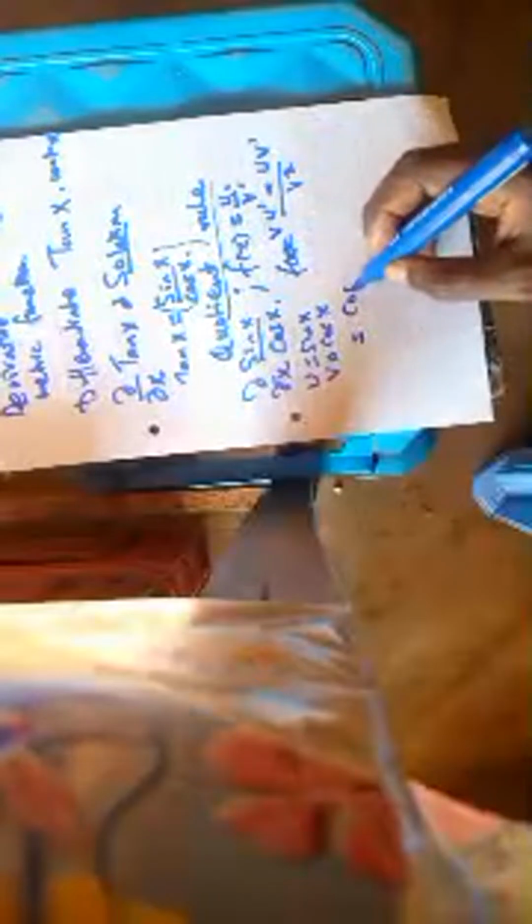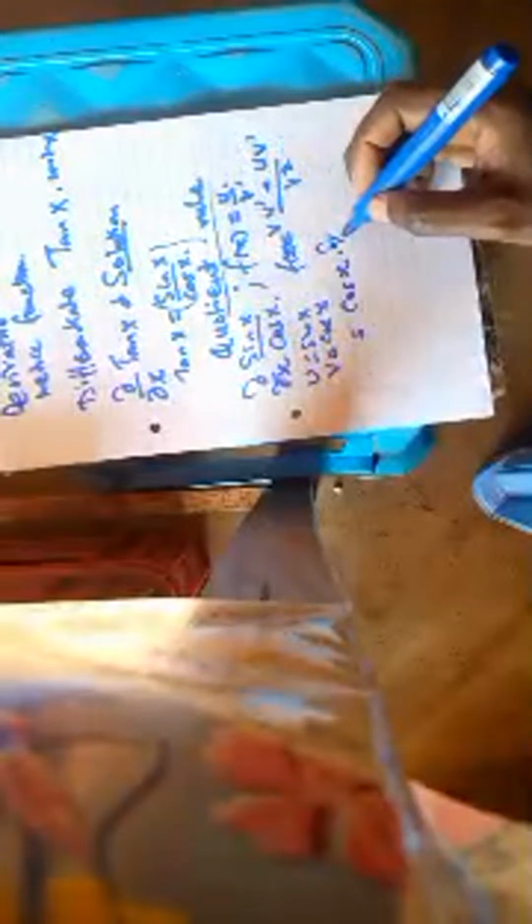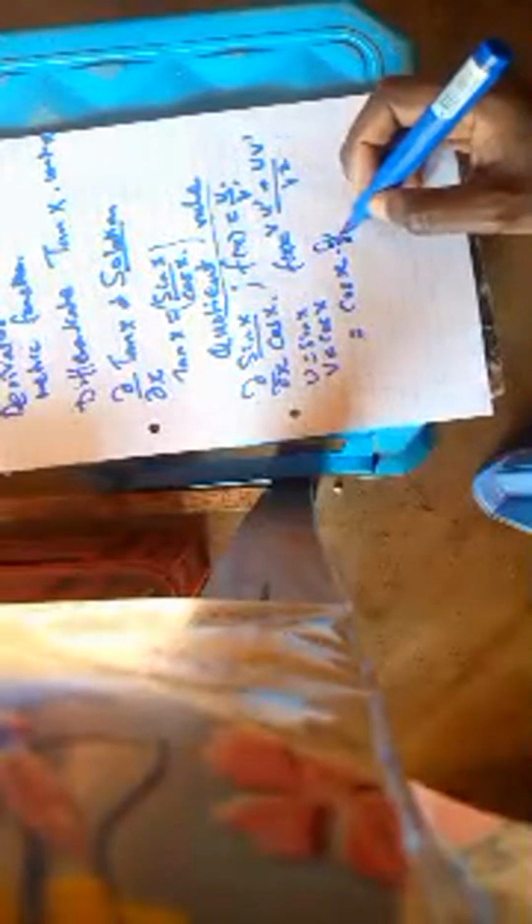So replacing it in this function of x, it's going to be cos of x, that is my v, multiplied by the derivative of sine of x.